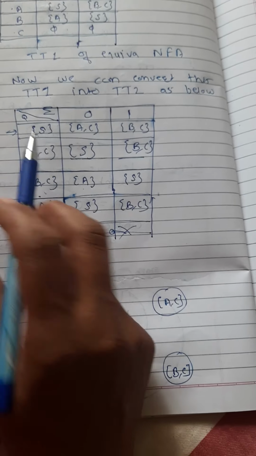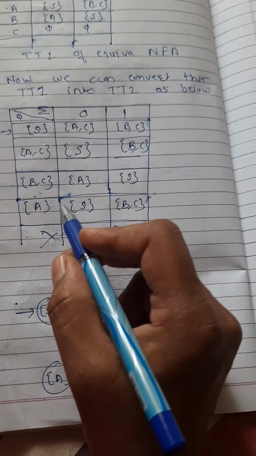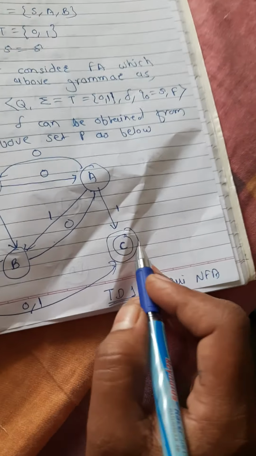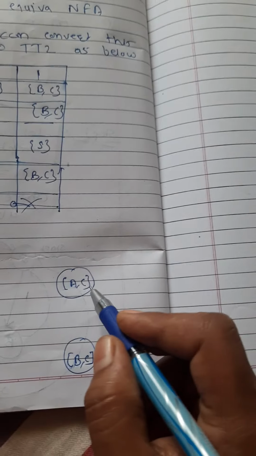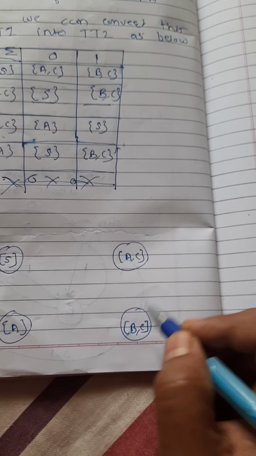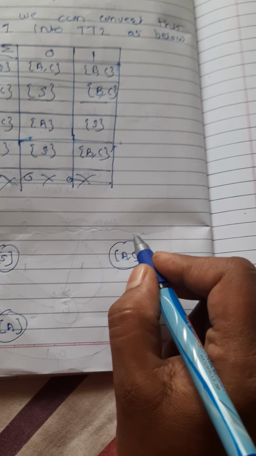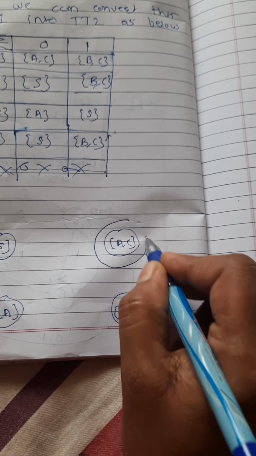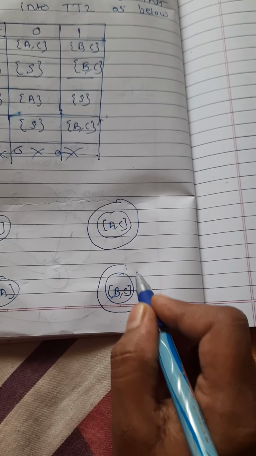Which will be the initial state? This one. Which will be the final state? First see the final state of the NFA. Final state is C. So whatever subset contains C, these both will become the final states of the equivalent DFA.